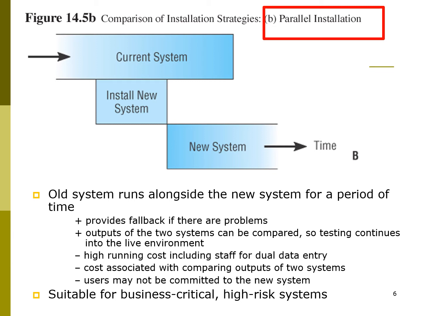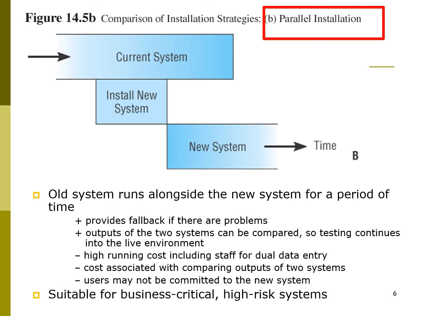Once it is installed, both systems keep running at the same time until the users are comfortable with it. Then the current system stops running, and they run with the new one.